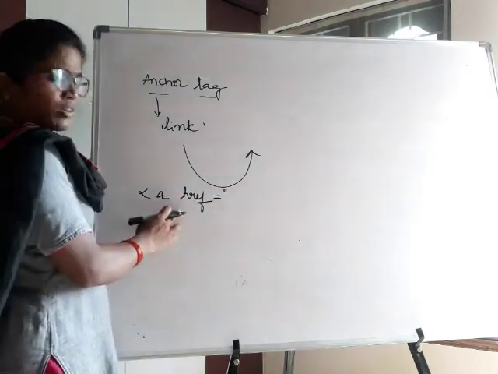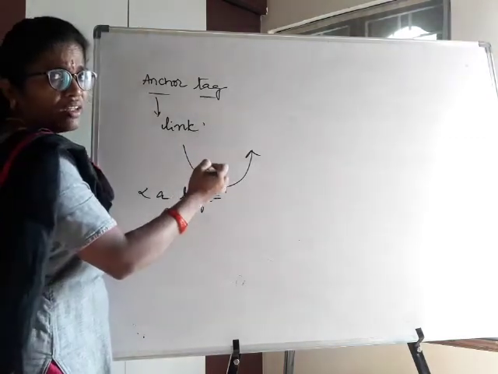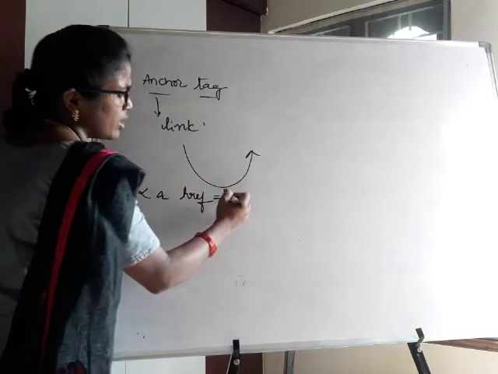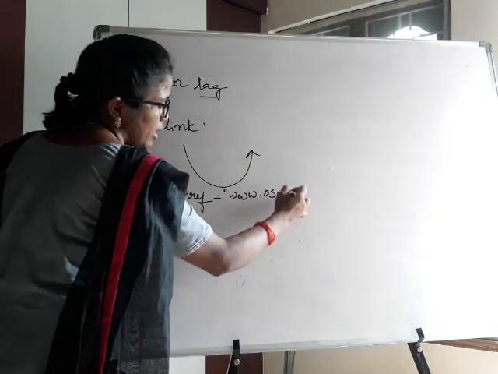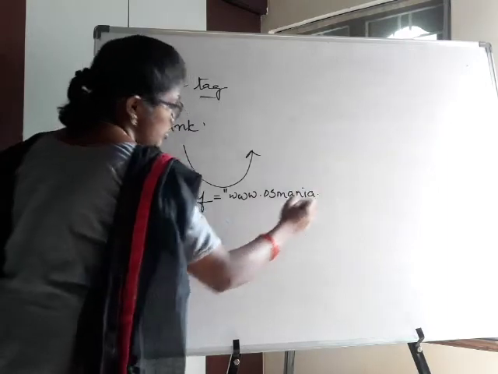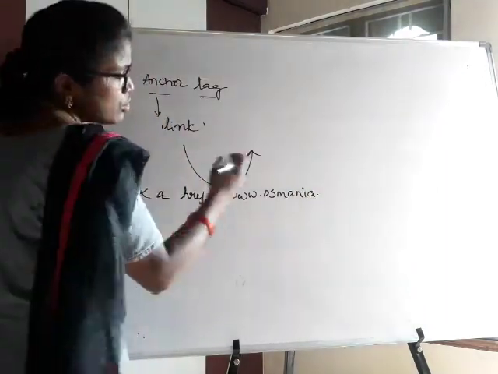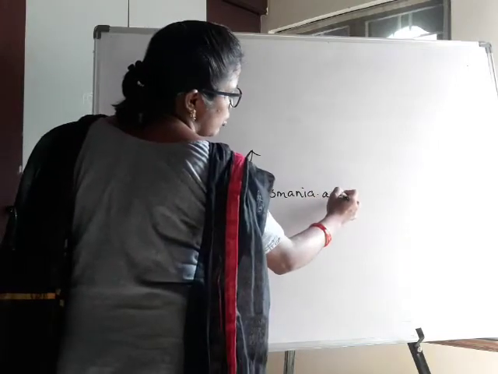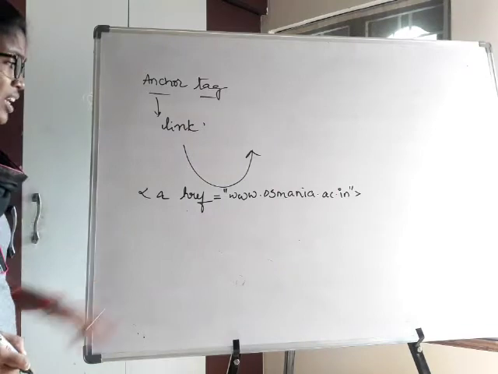Similarly, it is an attribute, so it will be a property. We have to write the value. So for href, I am writing www.osmania.ac.in, because we are going to see the news updates. Okay, this is the link.